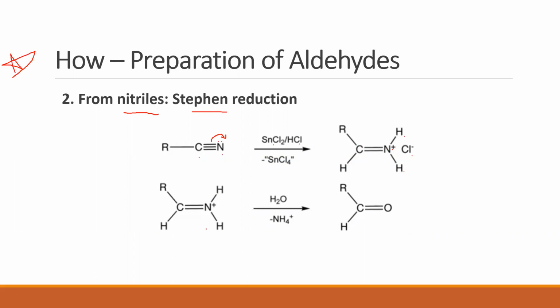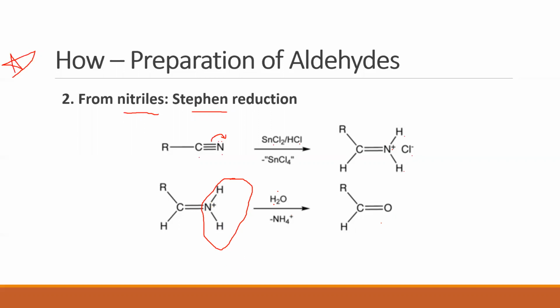In the next step, we just take the ion, observe what's happening. It is made to react with water. When it is made to react with water, what am I getting? I'm getting an aldehyde. Oxygen is replacing this group. Clear? And how was that removed?